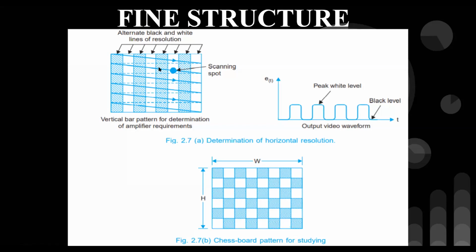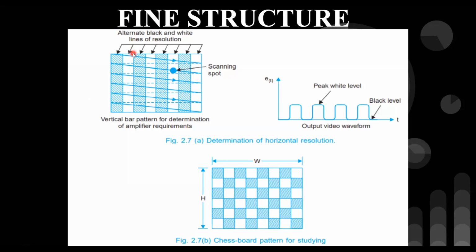So due to this, the vertical bar pattern is able to determine the amplification requirements such that alternate black and white lines of the resolution are generated during each bar pattern.